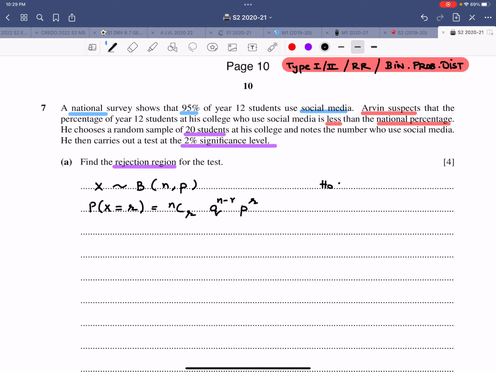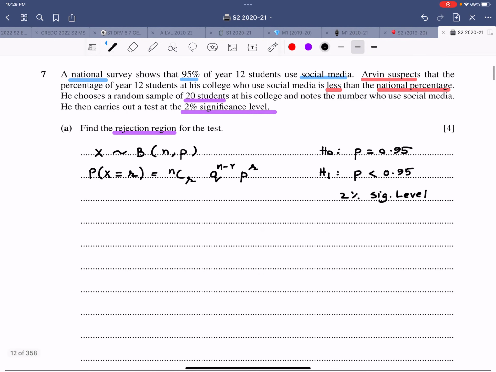So H naught, probability of success is 95%, which is too high. That's the first thing. Usually the percentage is like 10, 12, 20, 30%, but this is 95%, so something mischievous is there. The alternative hypothesis is that the probability is lesser than this, and we are using 2% significance level.